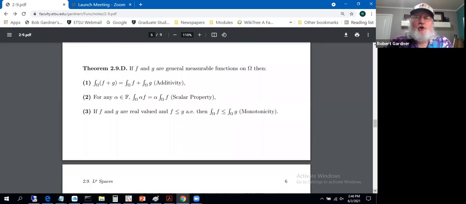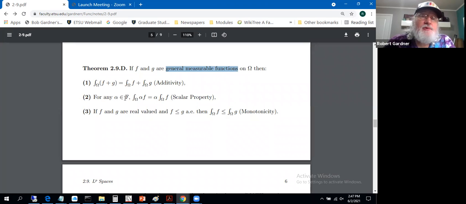Okay, so we got a new family of functions that we can Lebesgue integrate. Let's check some properties of integrals for that class of functions, general measurable functions, we called them. And indeed, as above, you get additivity. The integral of the sum is the sum of the integrals.